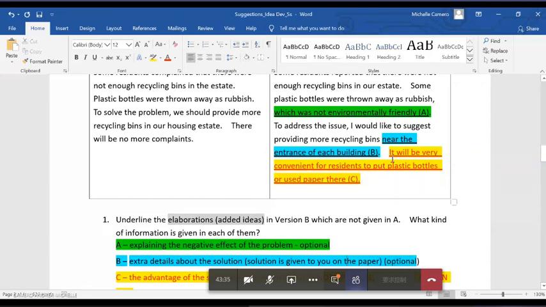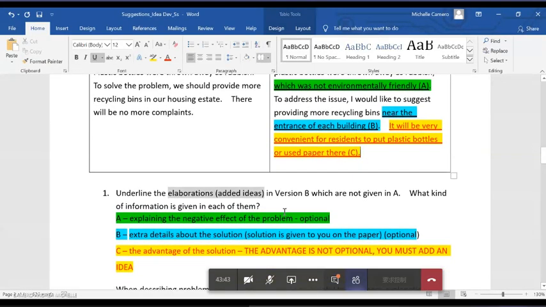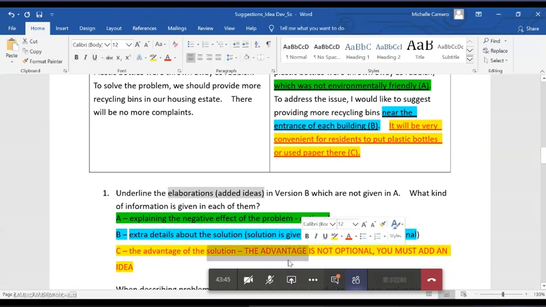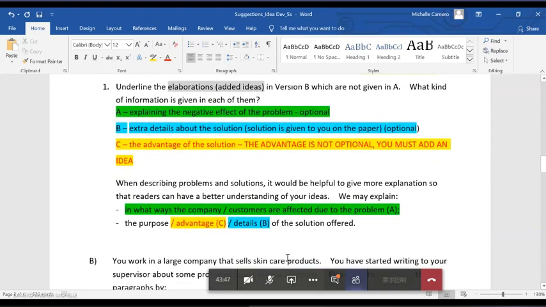All right, then we have the advantage. So what is the advantage of the solution? It will be very convenient for residents to put plastic bottles or use paper there. That is not optional. Remember, you have to add the advantage of the solution. Okay, so then it says here, when describing problems and solutions, it would be helpful to give more explanations so the readers can have a better understanding. So you can explain in what ways the company or customers are affected due to the problem.